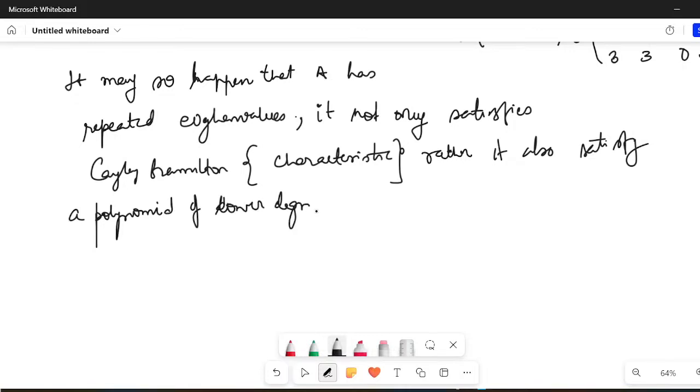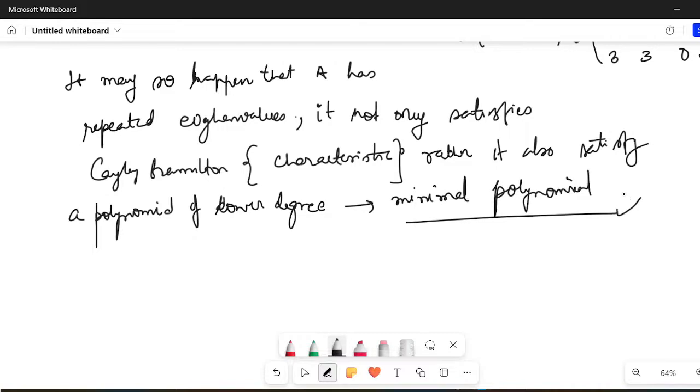And this particular polynomial is called the minimal polynomial. Just remember, this polynomial is called the minimal polynomial, and we'll speak about this in quite detail when we'll be doing diagonalization and stuff like that.